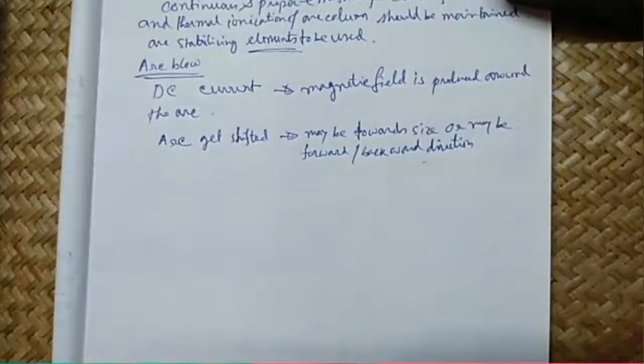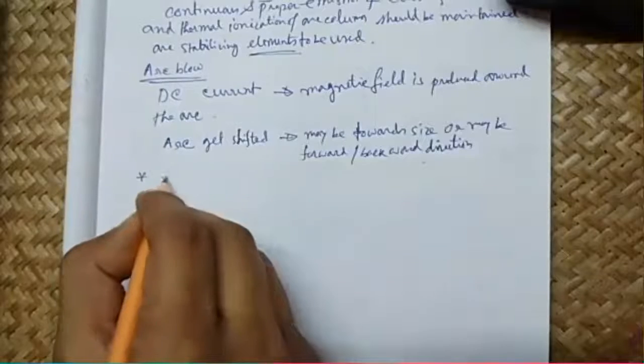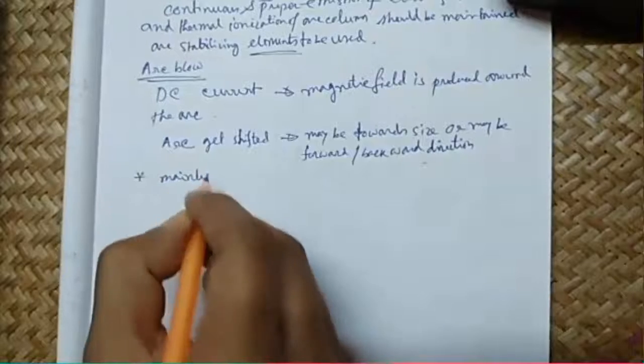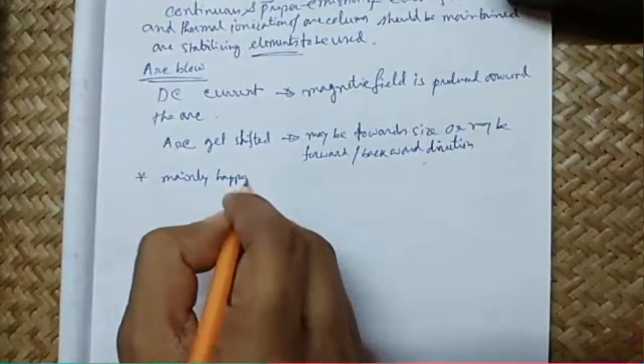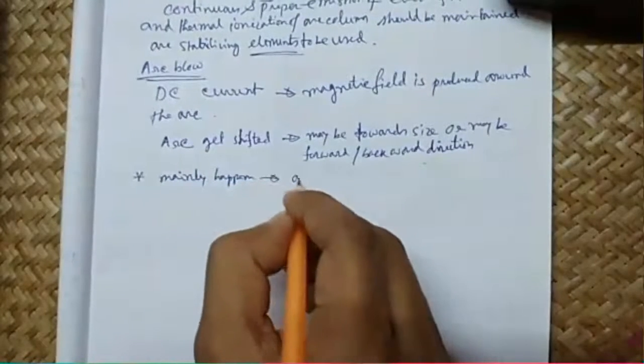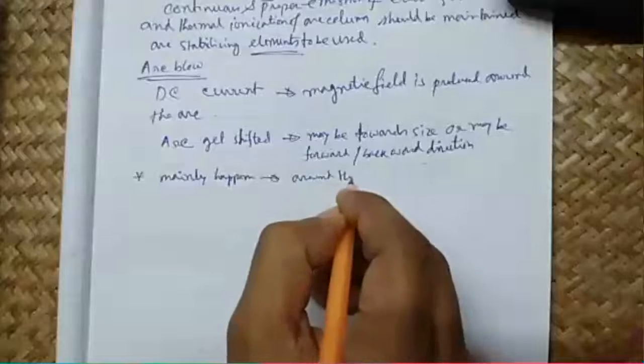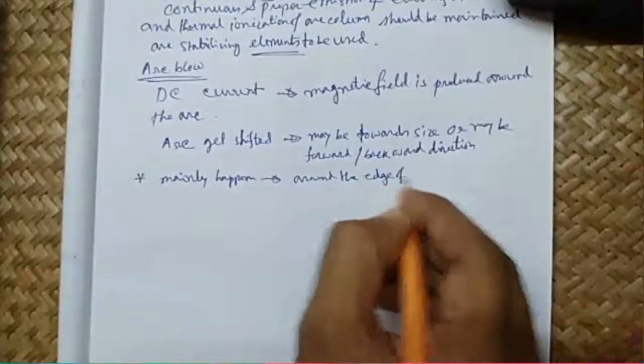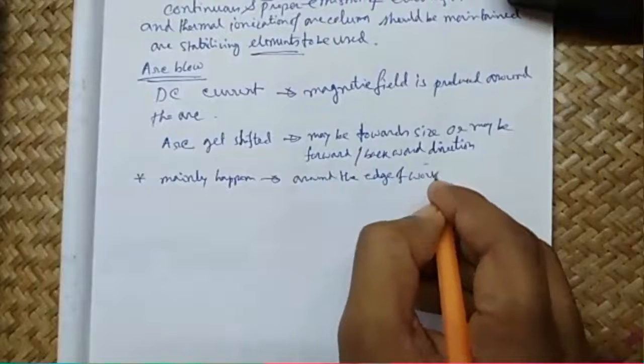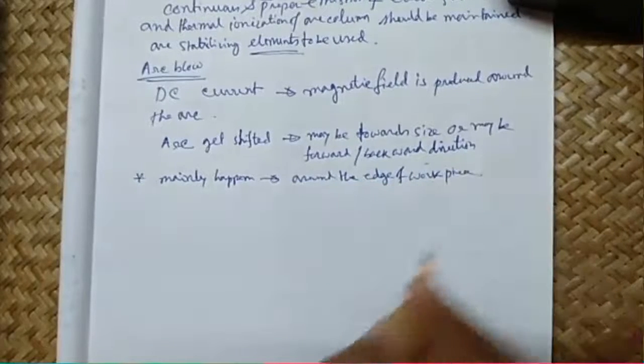As a result, the region where you want heat to be produced is shifted sideways, forward or backward. And this mainly happens around the edge of the workpiece.